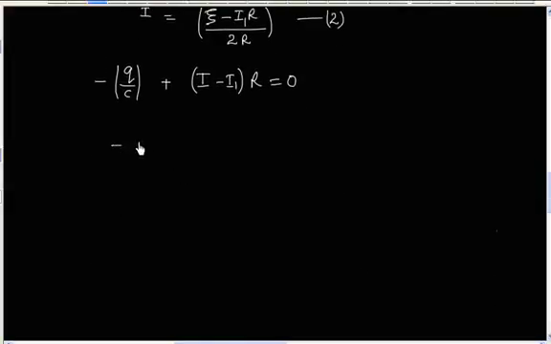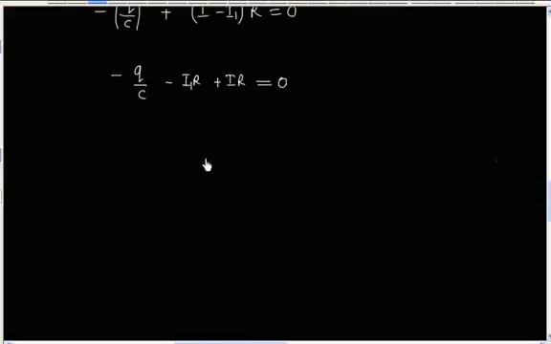Now from here we can write minus Q by C minus I1R plus IR is equal to 0, or we can write IR is equal to Q by C plus I1R. So this is equation 3.